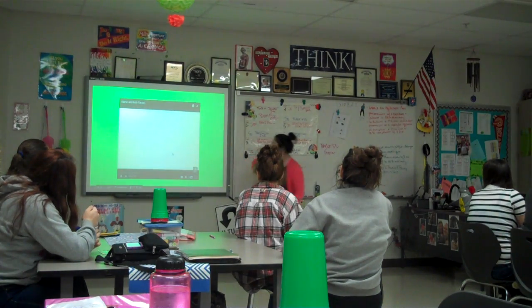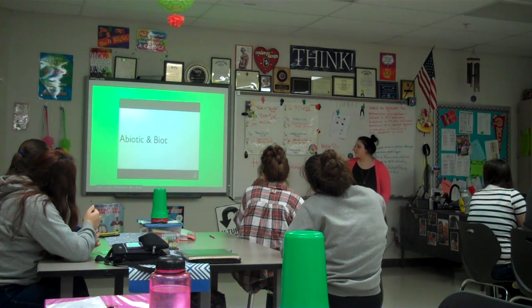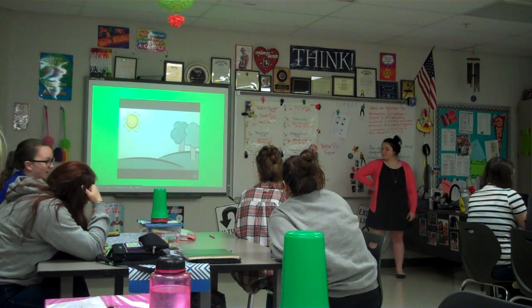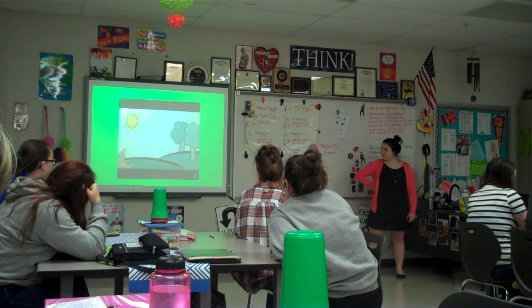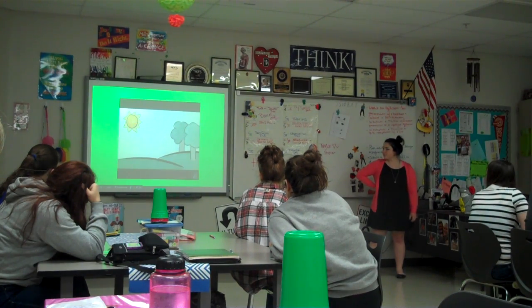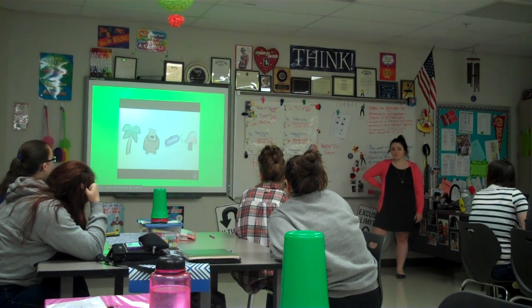Abiotic and biotic factors. An ecosystem contains living and non-living things. The ecosystem has many examples of the interaction between the living and the non-living. Living things in an ecosystem are called biotic factors.